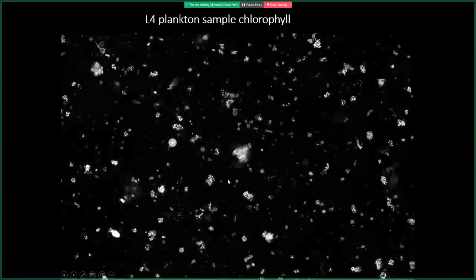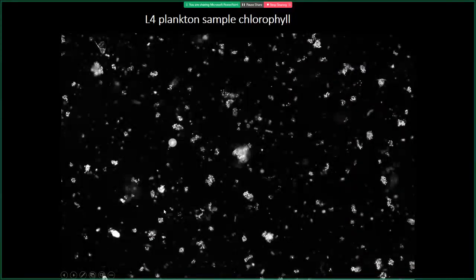This is another example of an L4 plankton sample, which we acquired last summer. It just shows the potential for looking at natural samples of many different cell types. Again, this is a chlorophyll image of an L4 plankton sample.